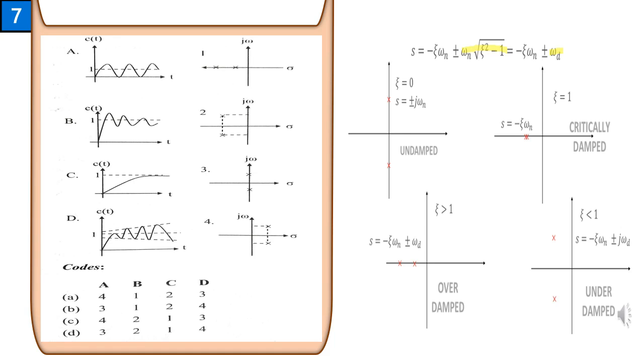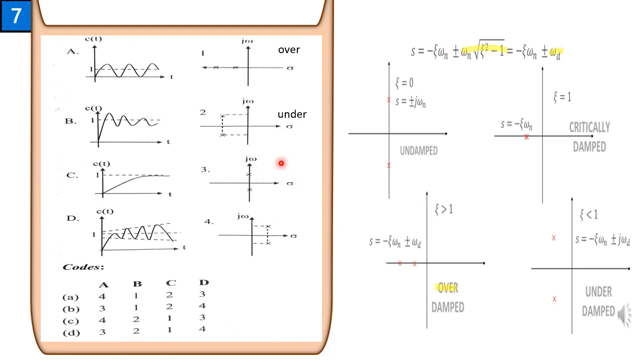For the first, poles are real but distinct, and for real but distinct it is overdamped. So let's mark here overdamped. For the second, it is complex conjugate, negative complex conjugate, so it is underdamped. So let's mark here underdamped.